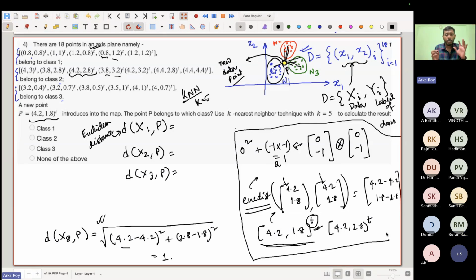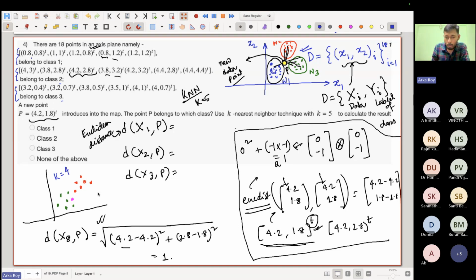The main idea, if I show it pictorially, is this: let's say you have two classes. For this instance, let us consider you have two classes. One class is the green class, and another is the red class. Let me consider this is the new point, and let's say you have to consider k equal to 4.